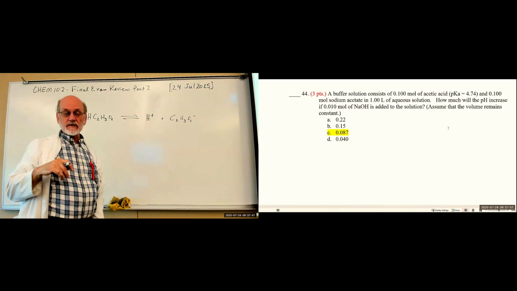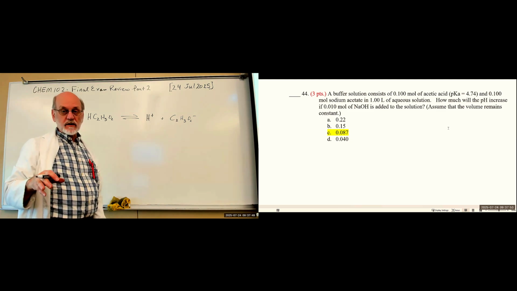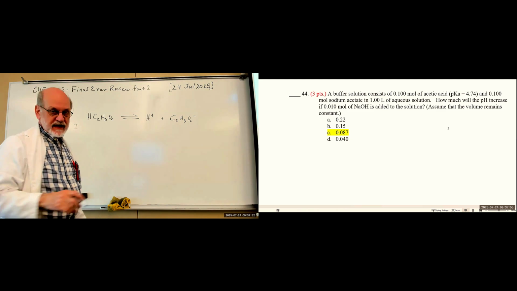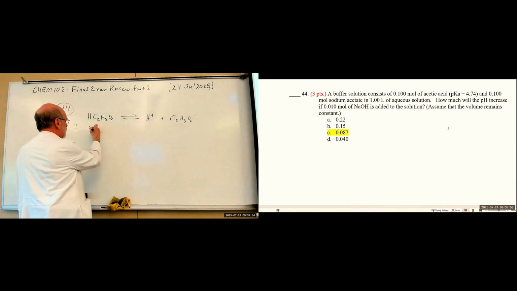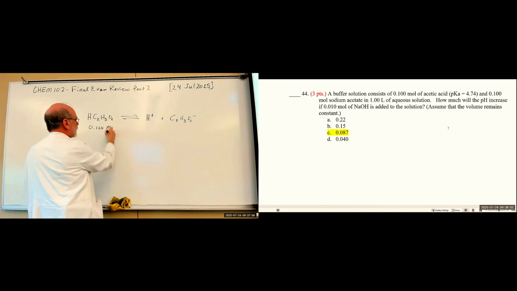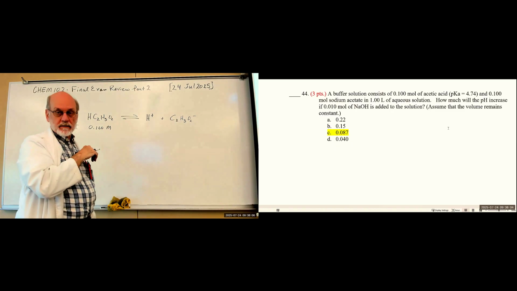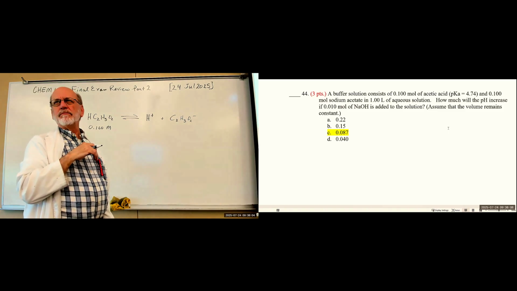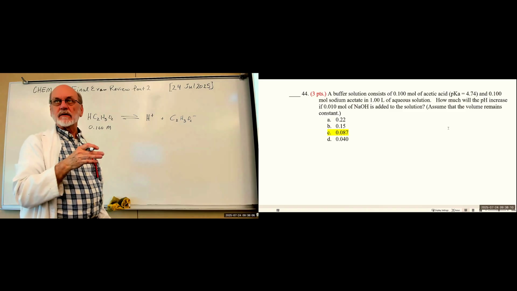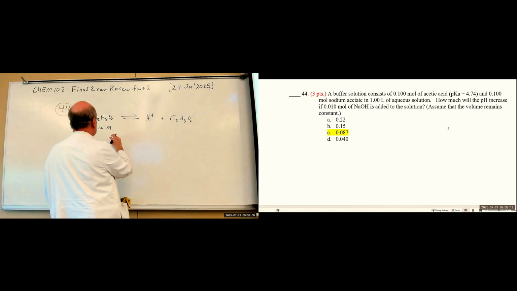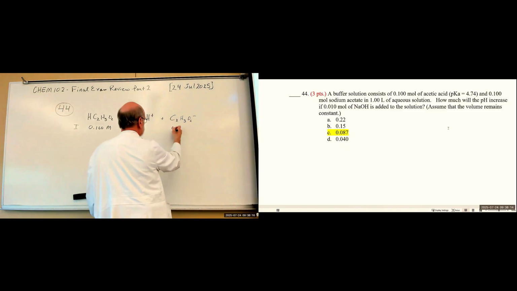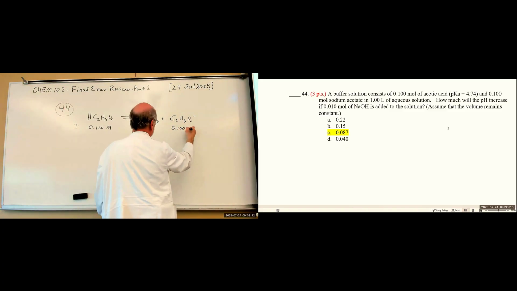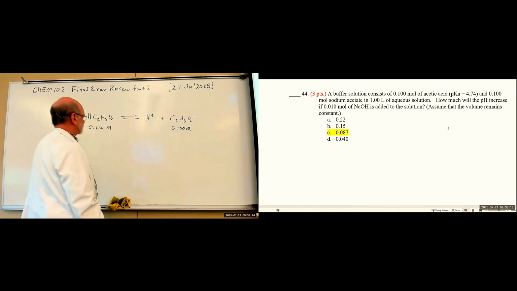The initial concentrations, because this is a 1 liter solution, 0.1 mole of acetic acid in 1 liter is 0.1 molar. And then 0.1 is the same, 0.100 molar acetate.